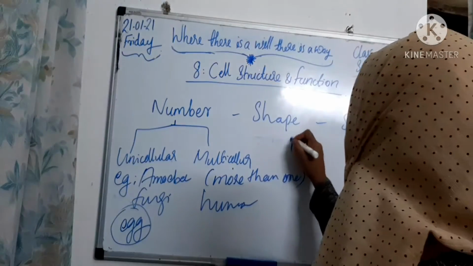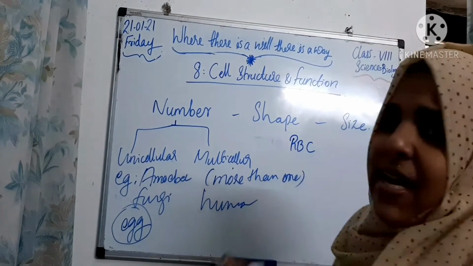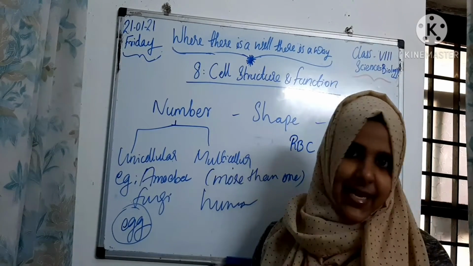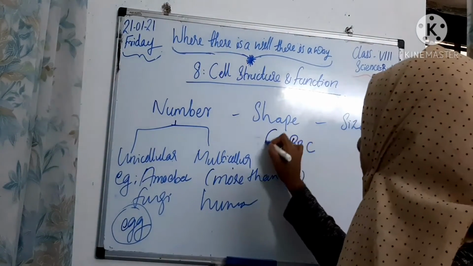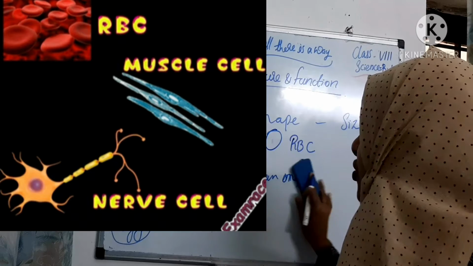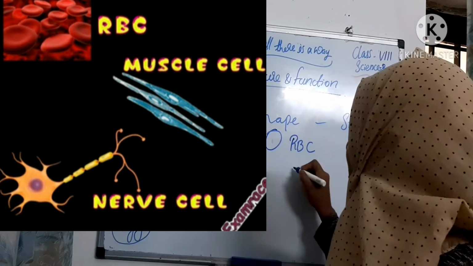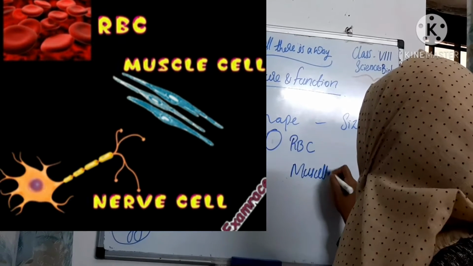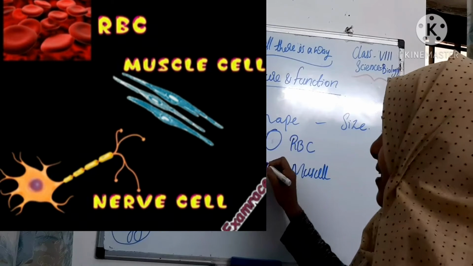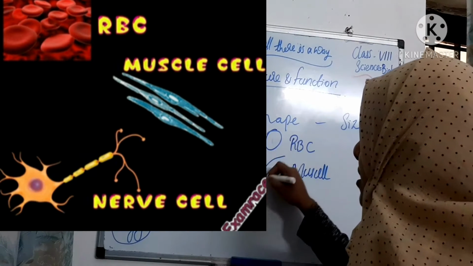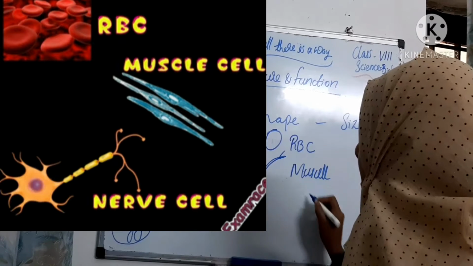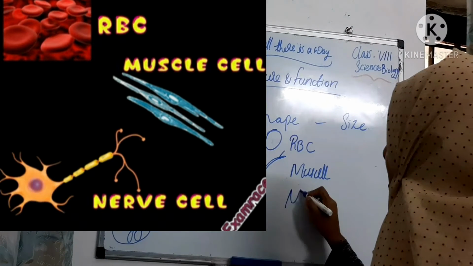Okay, RBC. Have you heard about RBC? Yes, right. That is red blood cells. It is spherical in shape. Then muscle cells in the human body are spindle shaped. Then neuron cells.